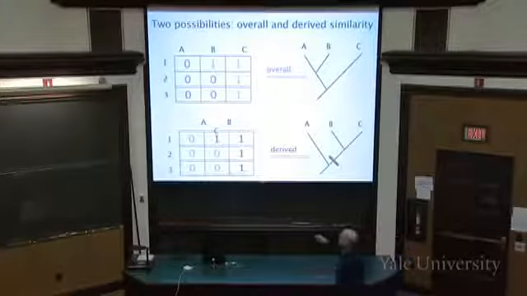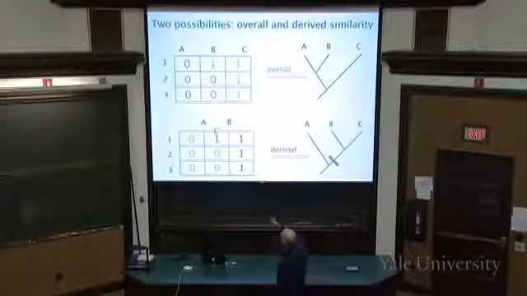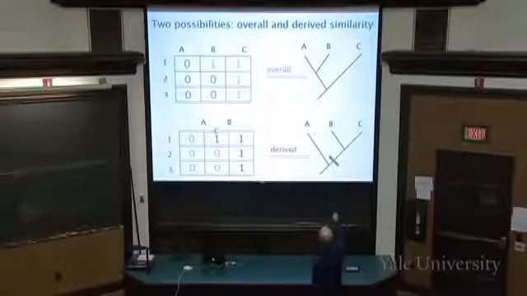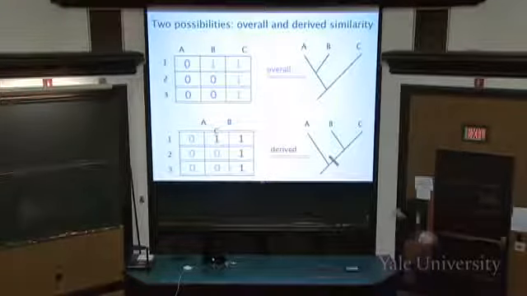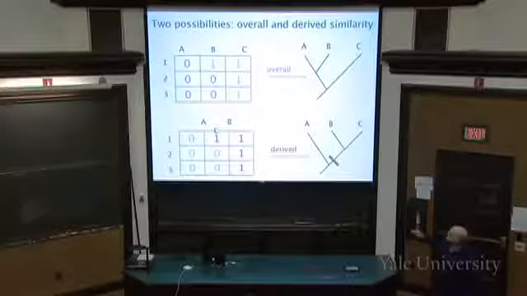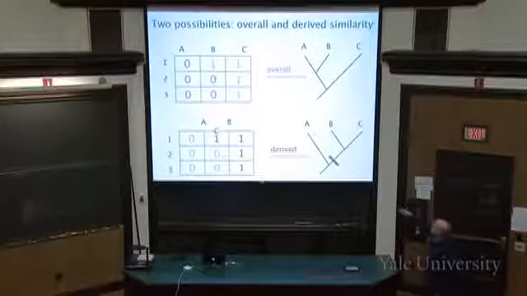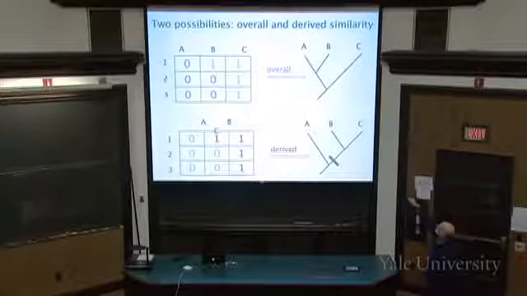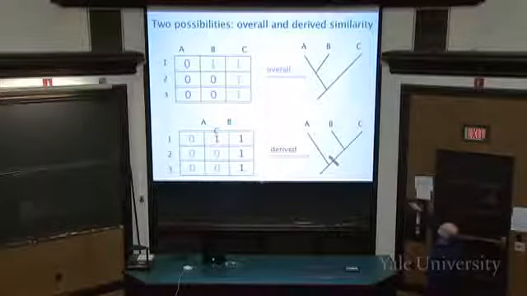But if we go by derived similarity, then we get this tree. And you can see what it does to the tree. So this is overall similarity, which is misleading, and this is shared derived trait phylogenetics, which yields this tree. And it shifts the sister of B from A to C.